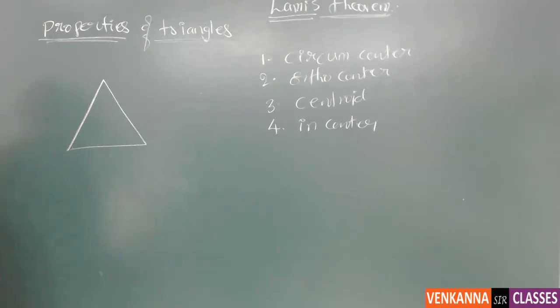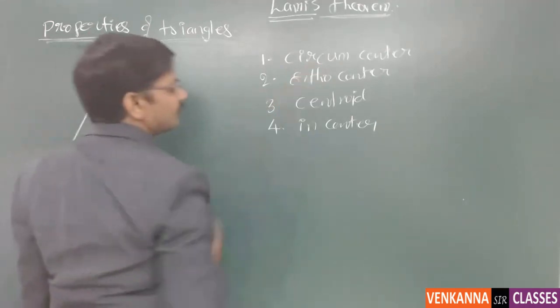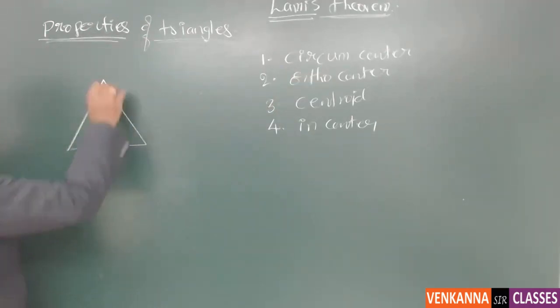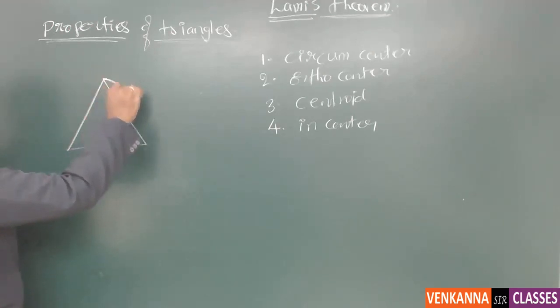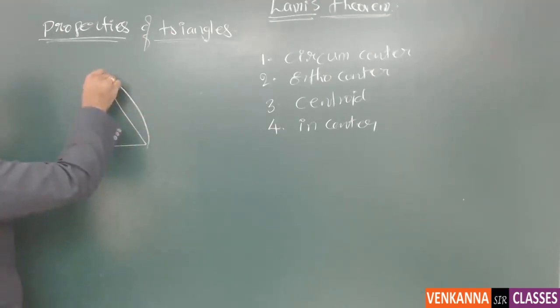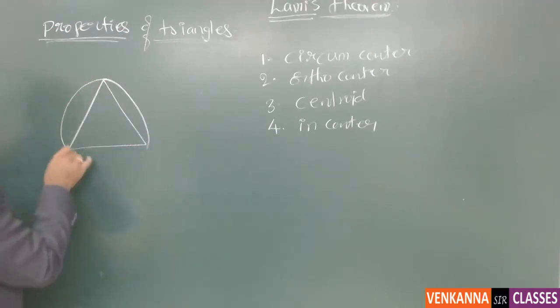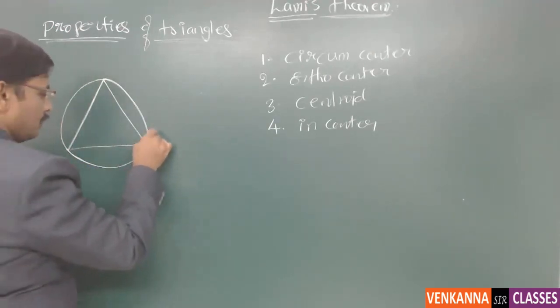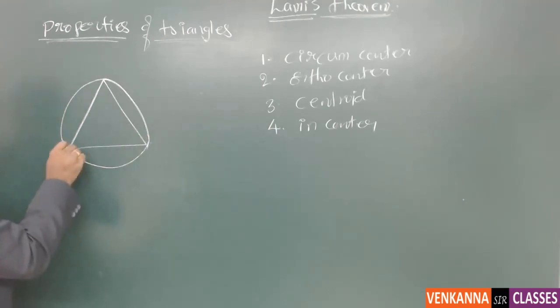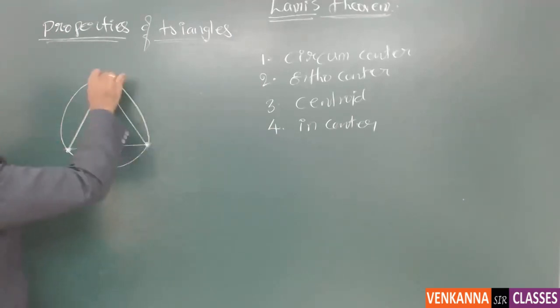topic of Lami's theorem. Now the circumcenter is nothing but the center, if you draw a circle touching all the corners. This circle is touching all the corners of this particular triangle.